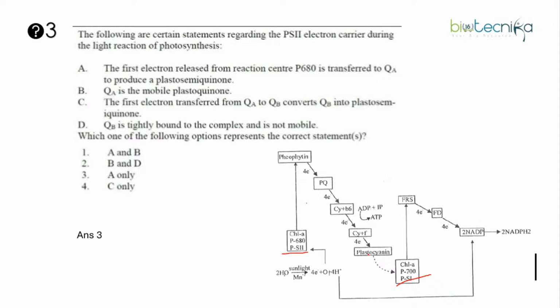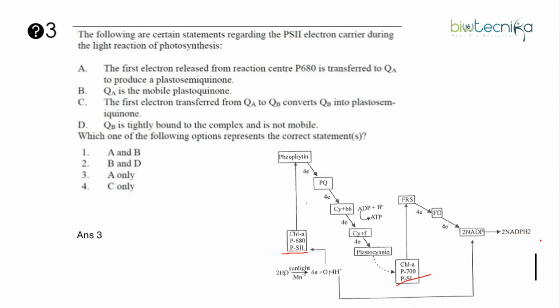Then it passes it on to plastocyanin. From here, the electron enters photosystem 1. For photosystem 1, you have several electron acceptors, and ultimately it is received by ferredoxin, which then transfers it to NADP, and this NADP gets reduced to NADPH.